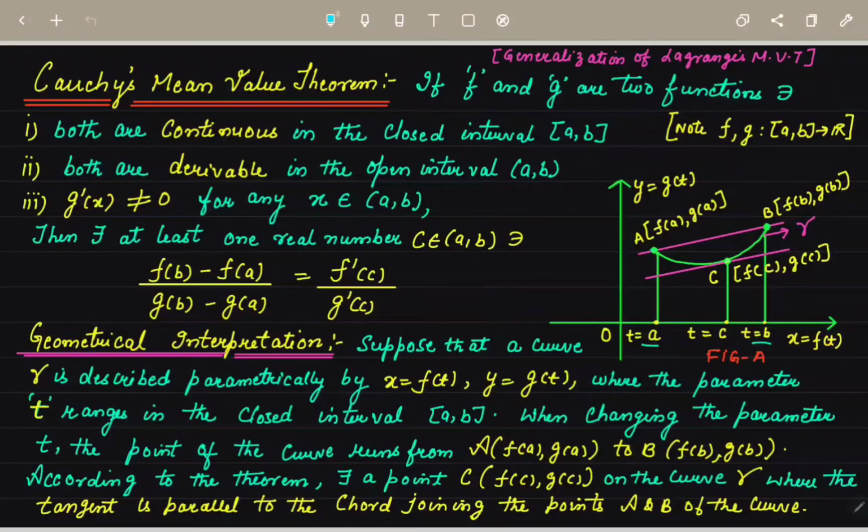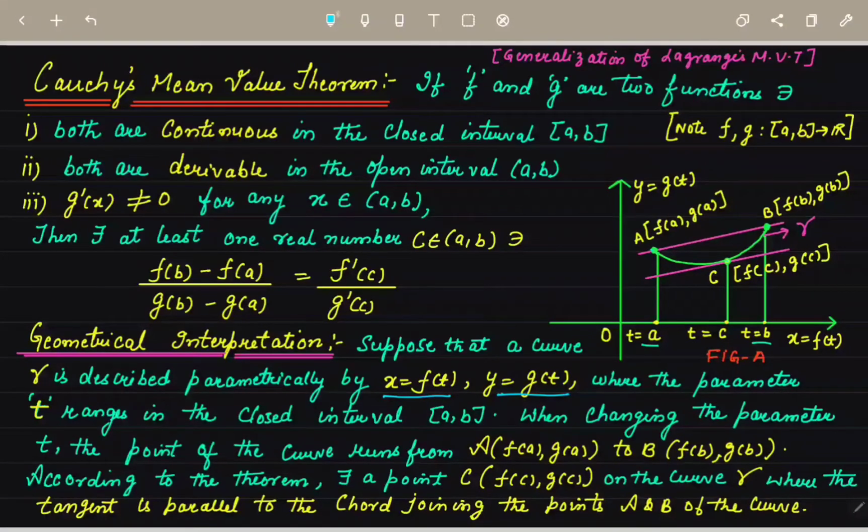From this figure, this is the curve which I have denoted by gamma. First of all, we suppose that this curve is described parametrically, and we know that the parametric form is x equal to f(t) and y equal to g(t), where the parameter t ranges over the closed interval [a, b].